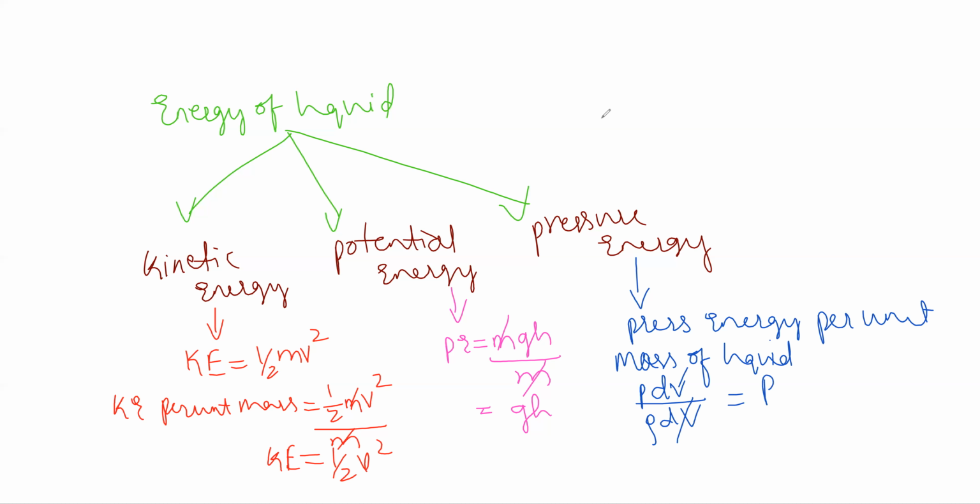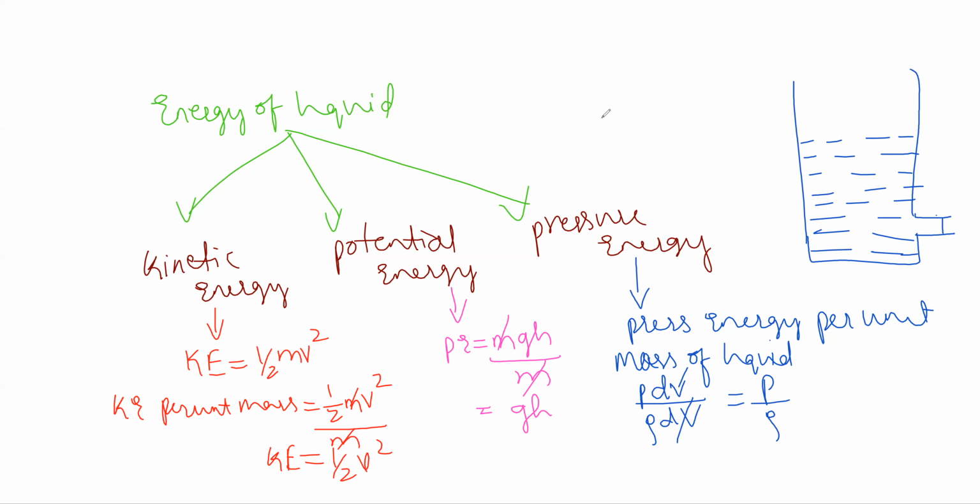So this gets cancelled, and we only have pressure divided by density. Mainly for flow, let us consider this diagram. It is filled with water, and at this end it is fitted with a piston, having the area of cross section A.